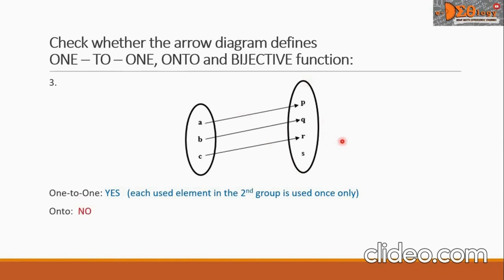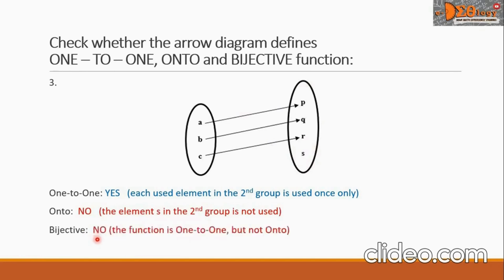The answer is no, because there is an element S in the second group that is not used. Third question, is the function bijective? The answer is no, because the function is 1-to-1 but not onto. This is our final answer.